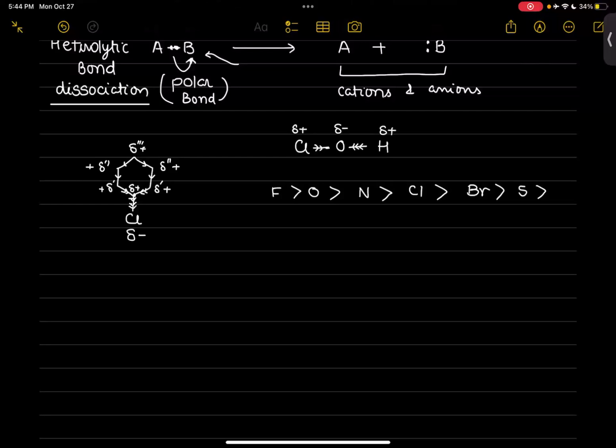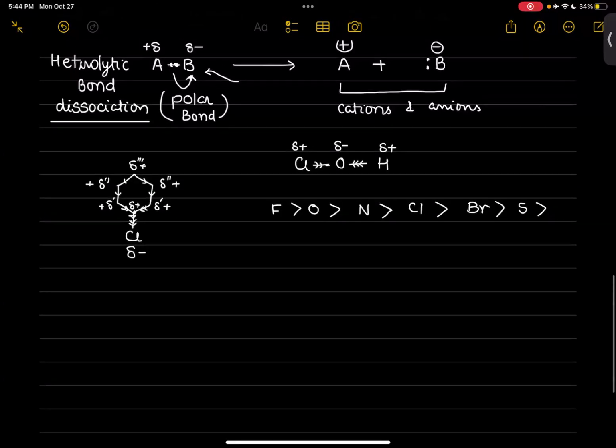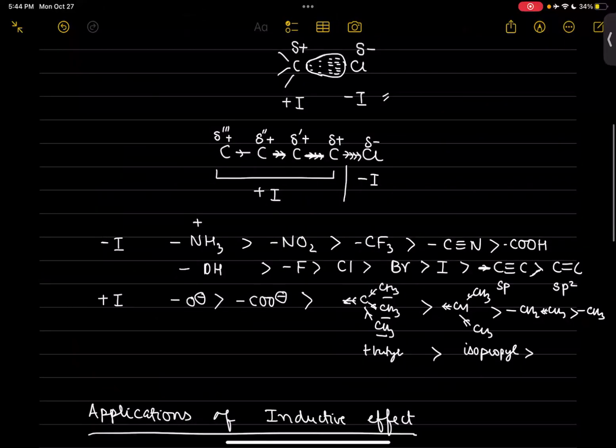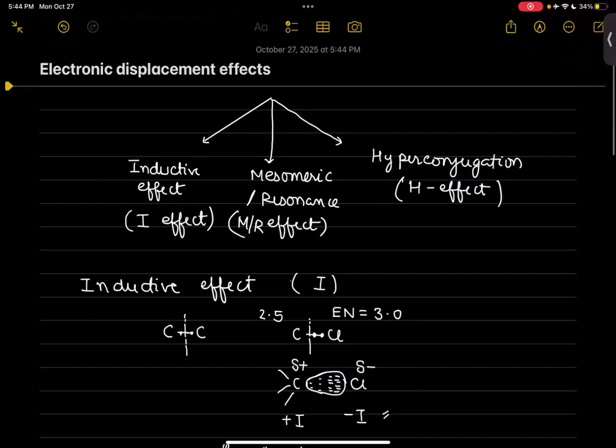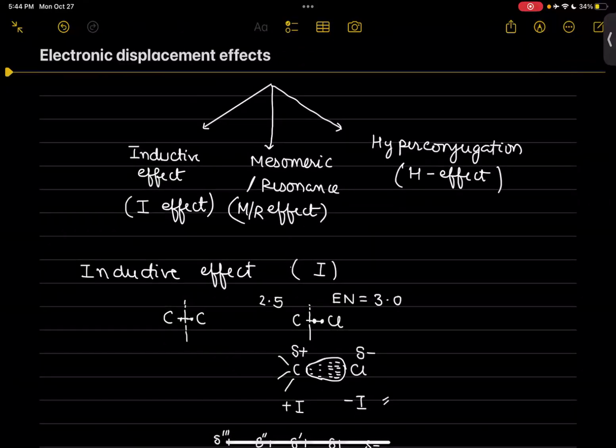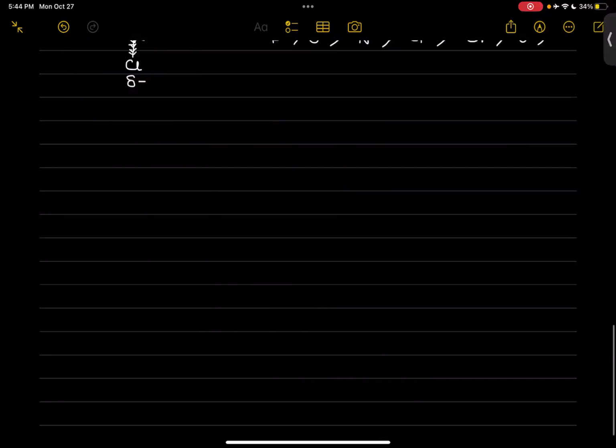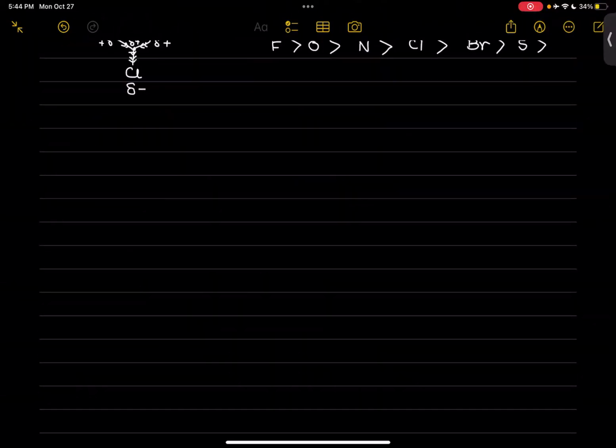Clear? So oxygen is more electronegative than chlorine. This is how the electrons get shifted. This is a permanent effect. These three are permanent effects. There are other effects which are temporary, a temporary displacement of electrons.